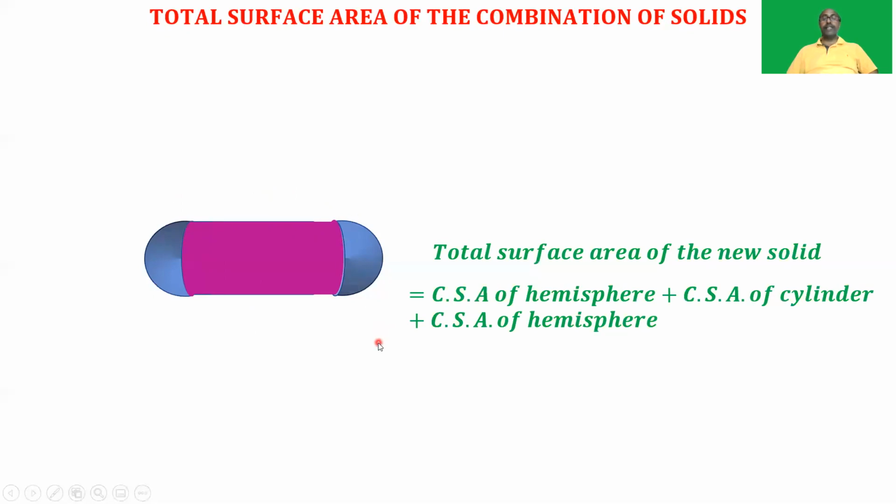That is, we can write it as curved surface area of cylinder plus twice the curved surface area of hemisphere. Okay, so let us start exercise 10.2 based on these concepts.